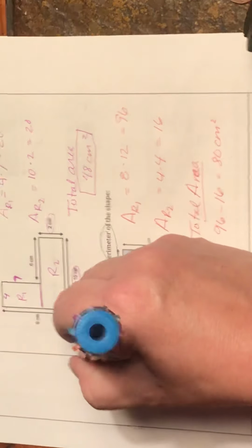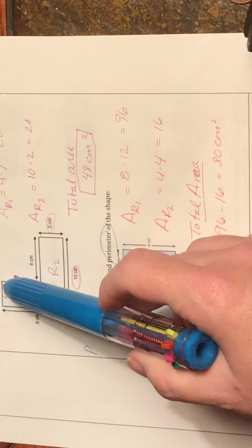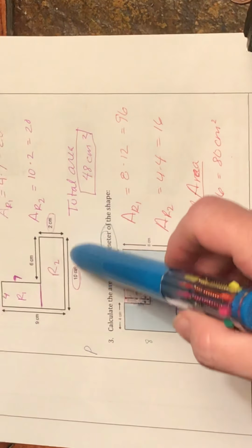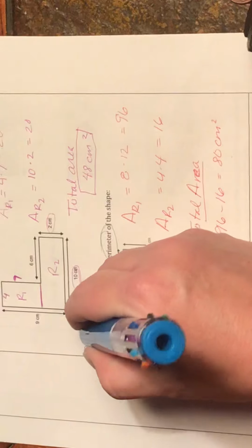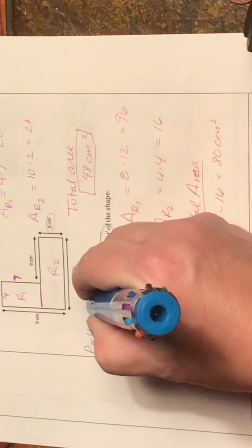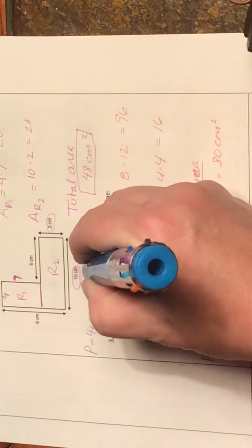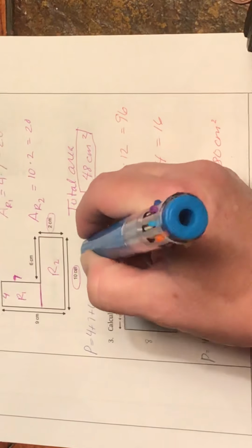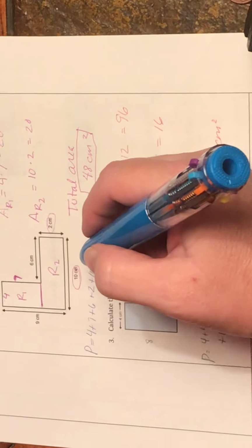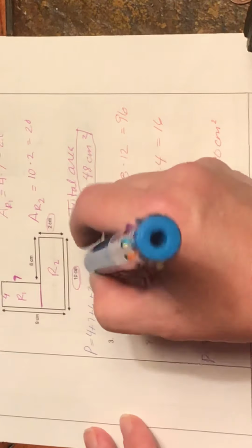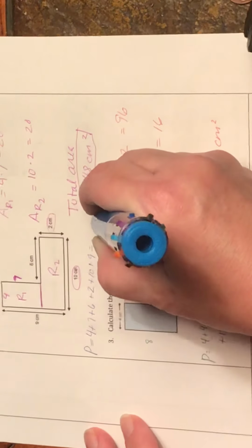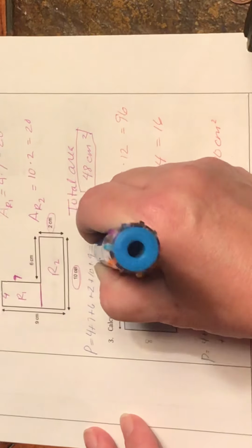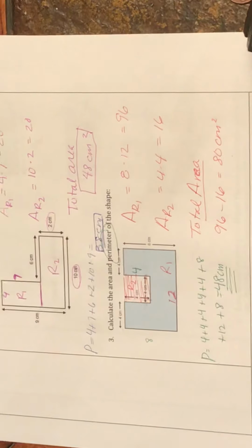The perimeter for the top shape, I found all my lengths, 4, 7, 6, 2, 10, 9. 4 plus 7 plus 6 plus 2 plus 10 plus 9 equals 38 centimeters. So make sure that you do better than me and that you read the instructions carefully.